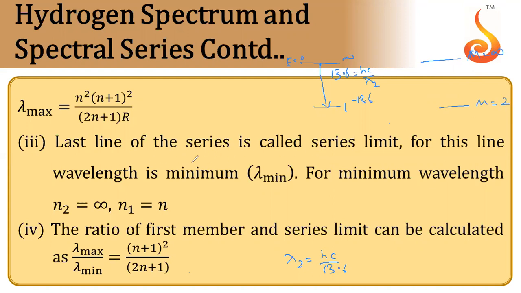Or generally, for minimum wavelength, the electron will move from n equals infinity to n equals n. The ratio of the first member and the series limit can be calculated using this formula: (n plus 1) whole square divided by (2n plus 1). So that's all. Now we will solve some numericals.